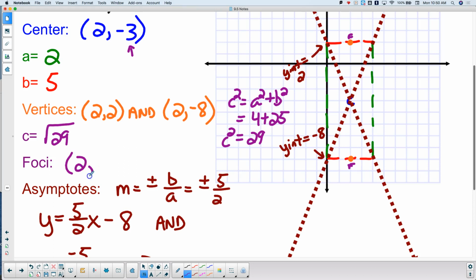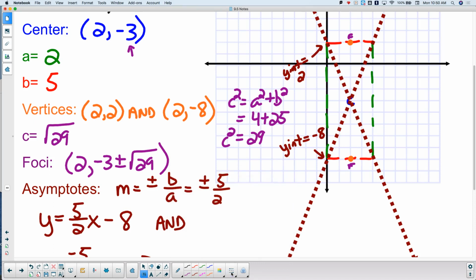So this is going to be 2, comma, -3 plus minus the square root of 29. With me? Love it. What's the last thing we got to do? We just got to draw it in now, yeah?